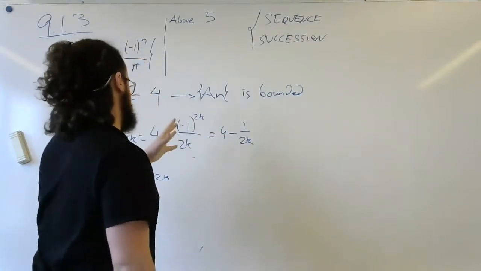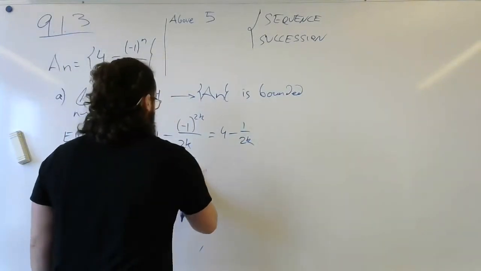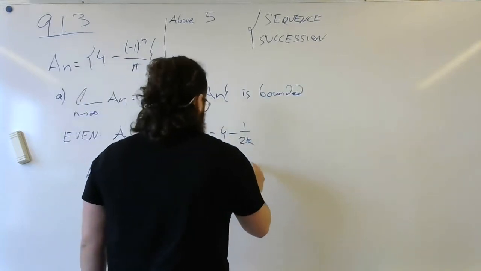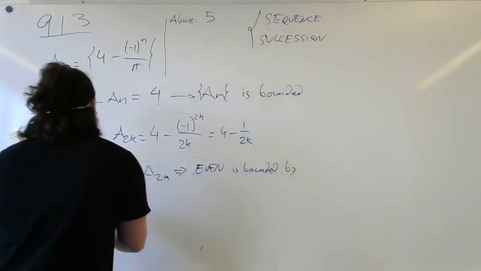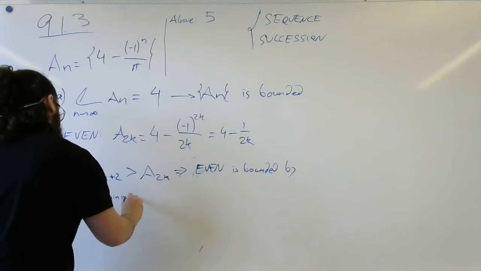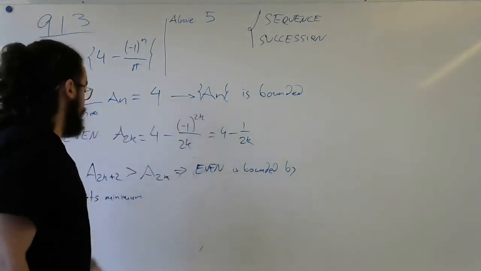So all this thing is like adding something up. And so the even succession, subsuccession, is bounded by its minimum. It's bounded below by its minimum and above by 4.